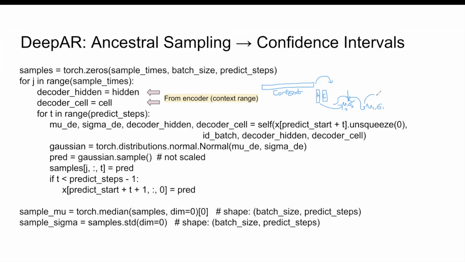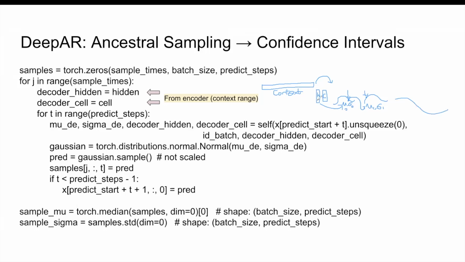We get this distribution again, from which we take another sample, and we keep doing that. This is called one sample path. We're maybe doing this for 30 time steps, so we get one path. Maybe one of the paths looks like this.